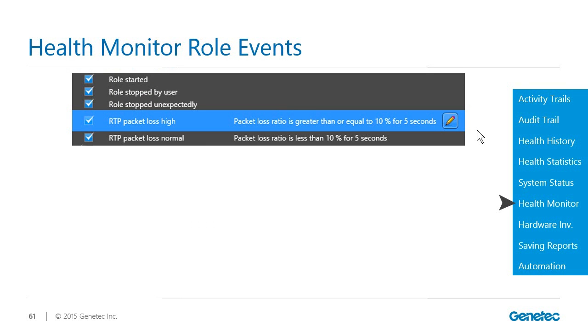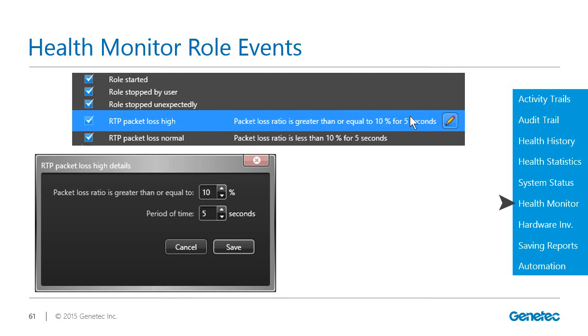Now, if an event has details listed for it, this basically means that you can modify the parameters that determine when the event will be generated, and we can do that by using the pencil icon once we have the event highlighted, or we also have one on the bottom of the screen as well.